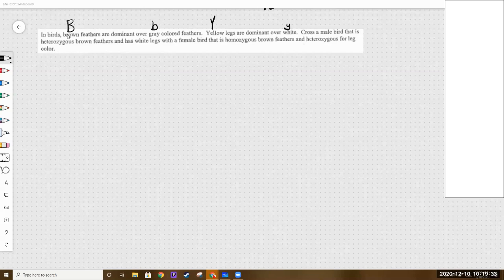We have brown feathers are dominant to gray, yellow legs are dominant to white. It wants you to cross a male bird that is heterozygous for brown feathers, but it has white legs, and a female that is homozygous for brown feathers and heterozygous for leg color. I'm gonna give you guys 5 minutes, okay? It's okay, Devin.